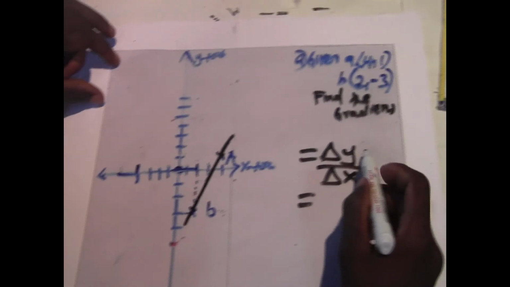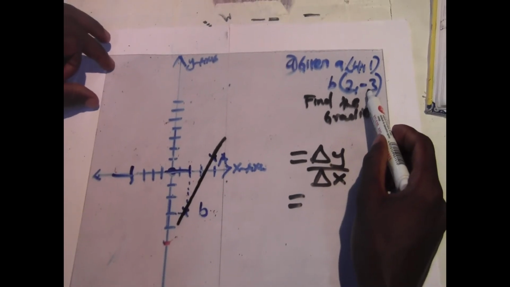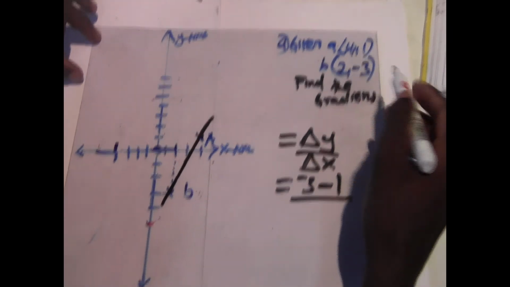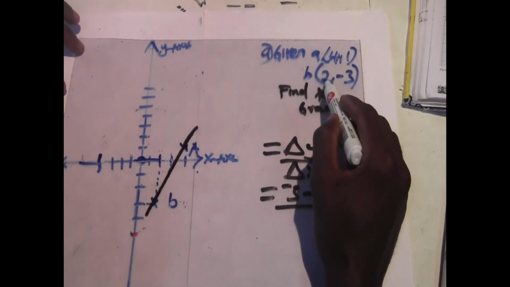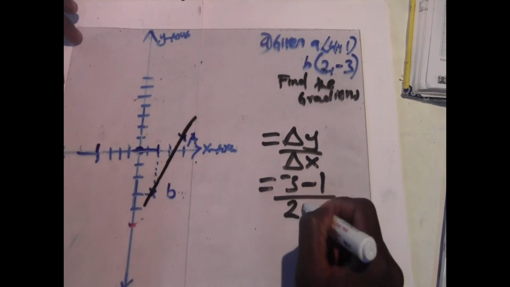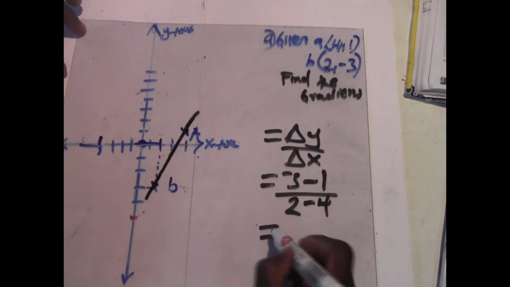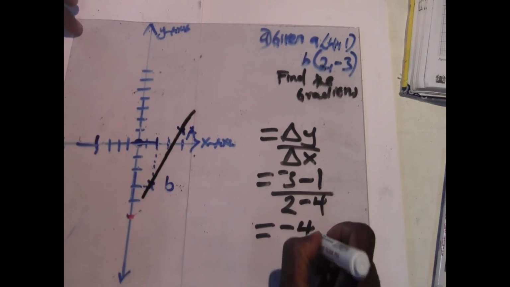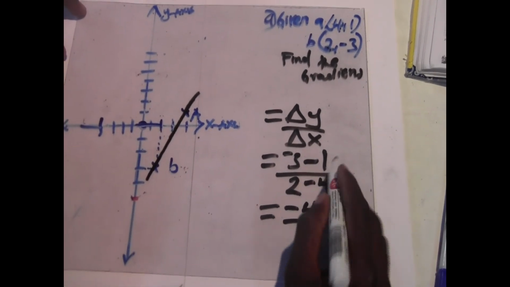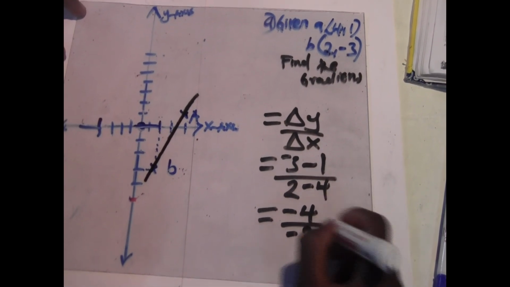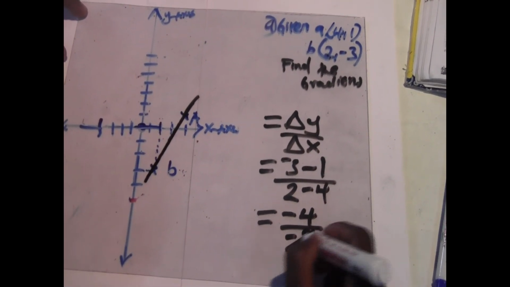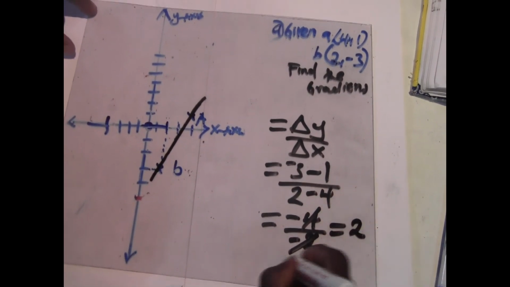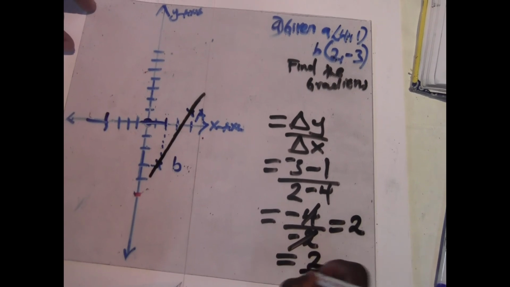So for the change in y coordinates, it's negative 3 minus 1, over the change in x, which is 2 minus 4. So this will give you negative 3 minus 1, which is negative 4, over 2 subtracted by 4, which is going to give you negative 2. So this negative 2 will cancel with this one, and it will give you positive 2. So our gradient here is 2.